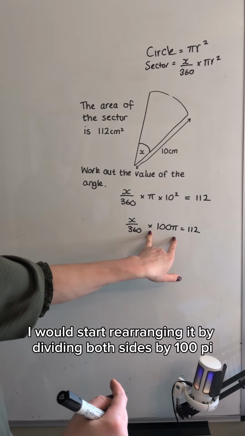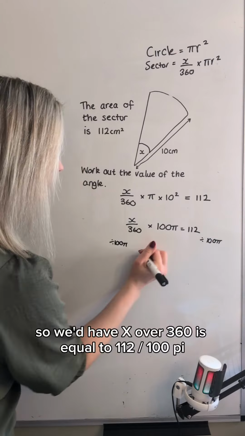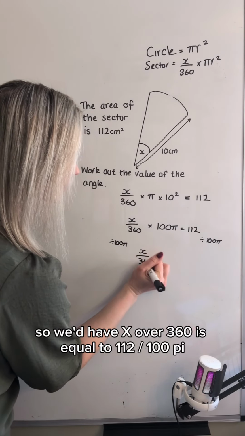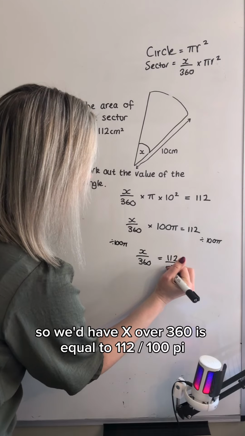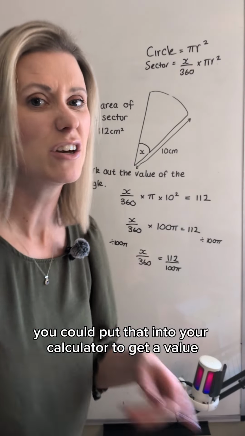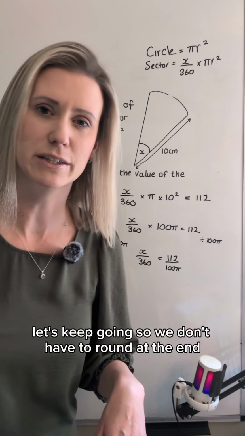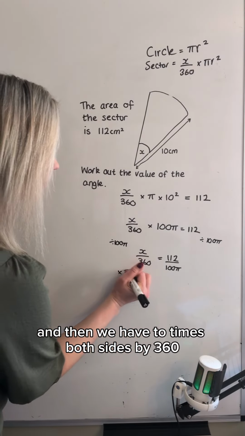I would start by dividing both sides by 100 pi. So we'd have x over 360 is equal to 112 divided by 100 pi. You could put that into your calculator to get a value, but I wouldn't at this stage. Let's keep going so we don't have to round at the end. Then we times both sides by 360.